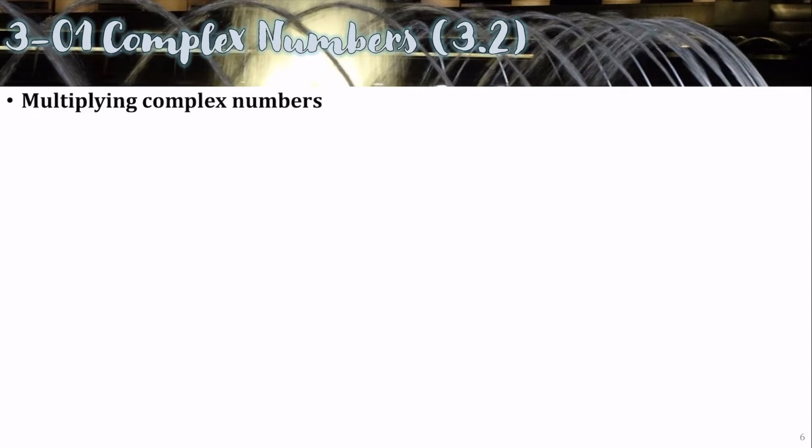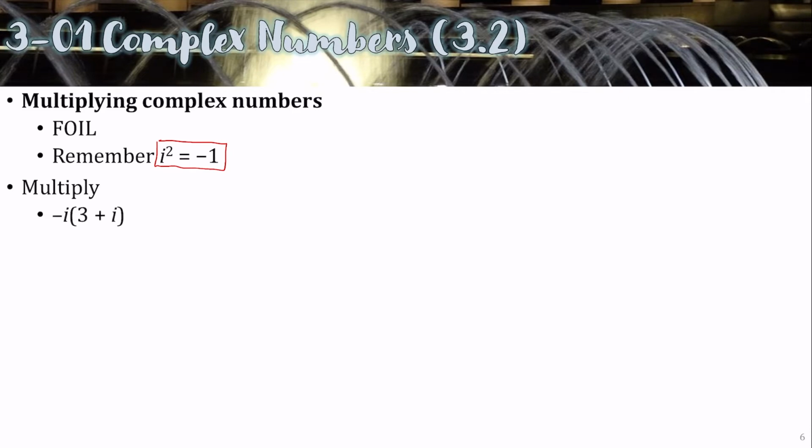How about multiplying complex numbers? Well, it's the same as multiplying binomials with x's. You FOIL. The difference is whenever you get this i squared, change it to -1. So we have -i times 3, so that'd be -3i if we distribute, and -i squared.